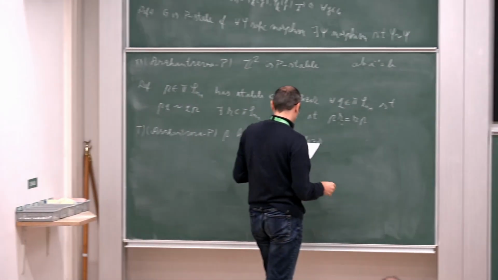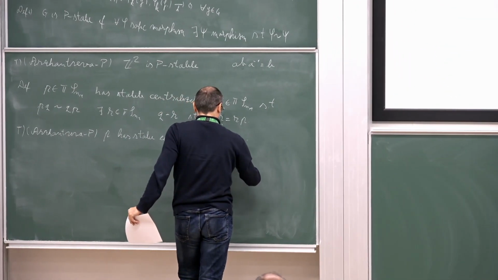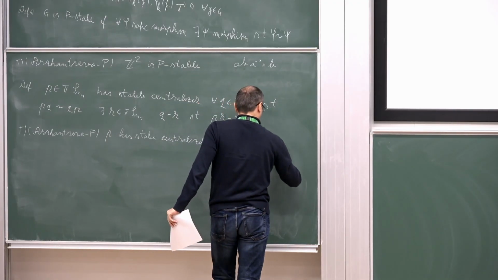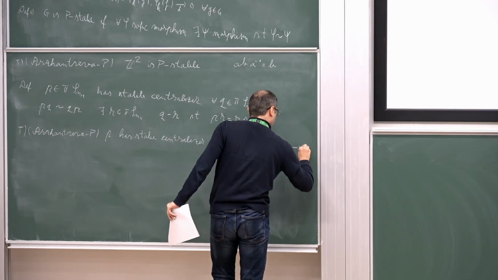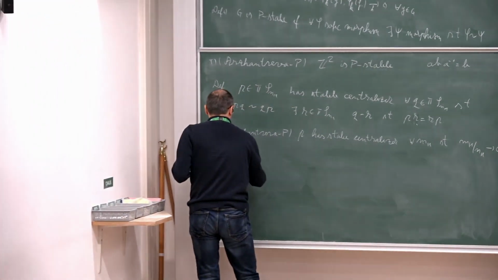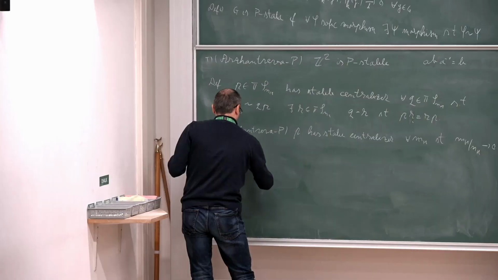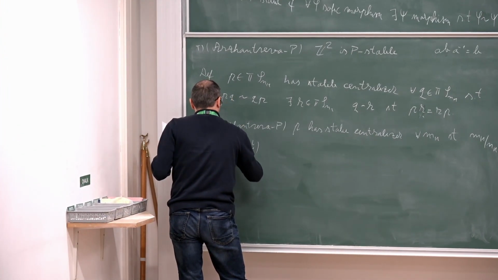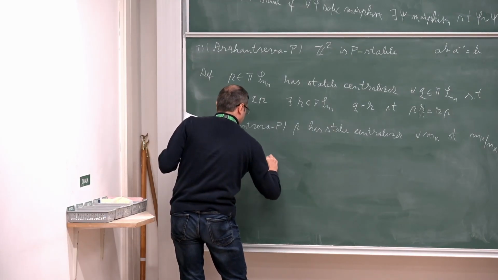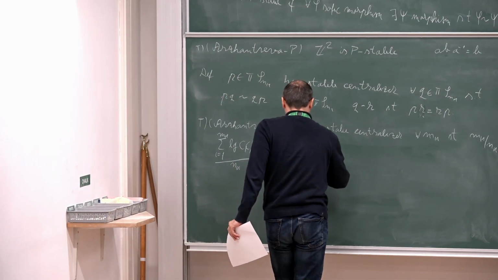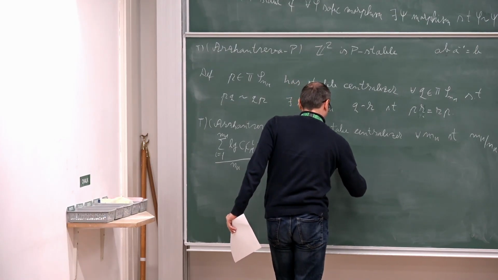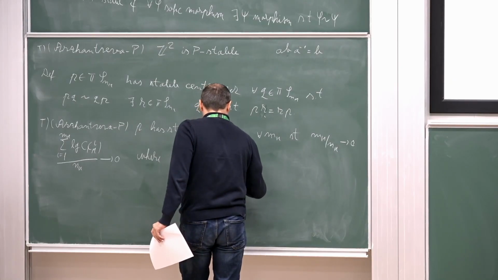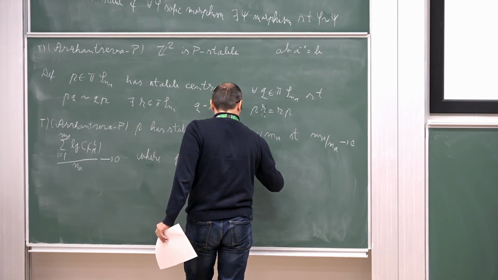So what you have to say is that for any sequence M_k such that M_k over N_k goes to 0, you have this relation that the sum of the lengths of the first M_k cycles over N_k goes to 0, where P_k has this cycle decomposition, c_k1, c_k2, and however many there may be.